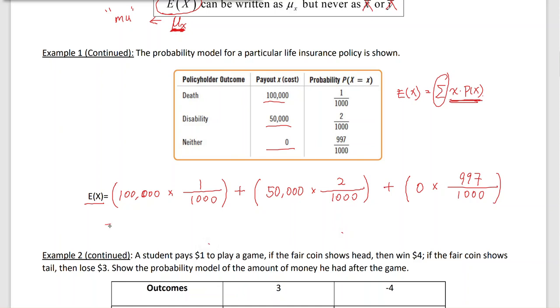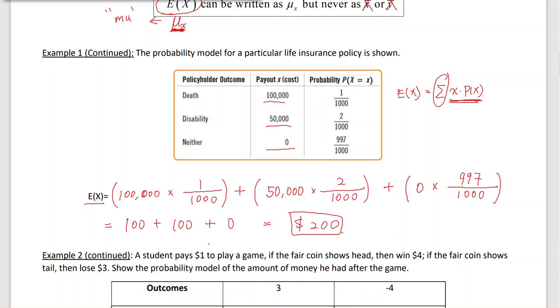To calculate this, the first term is 100, the second term is still 100, and the last term is 0. So actually you have $200. So what does this $200 mean?